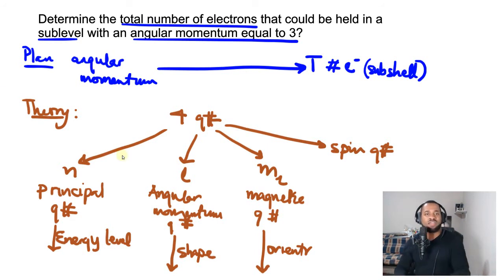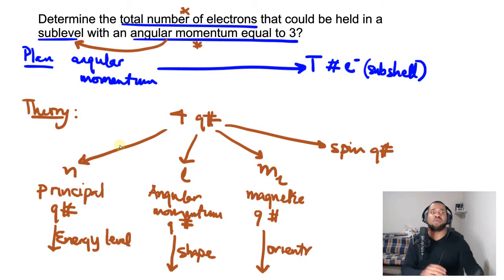Looking at this, based on our question, we are linking the angular momentum to our total number of electrons. Angular momentum links well to our subshells, because angular momentum explains the subshells that are present in an energy level.